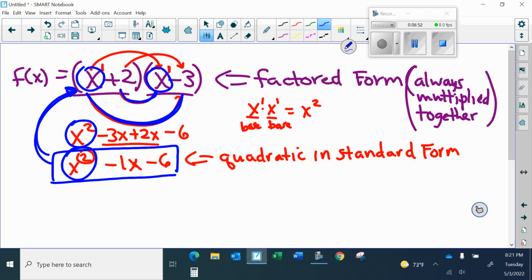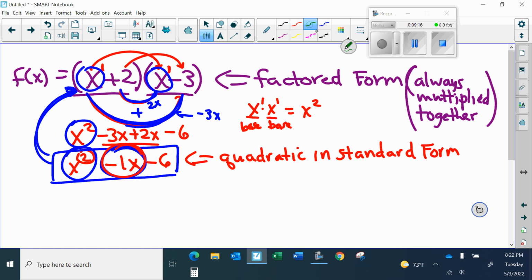And the other two, which are my two smiley faces right here, will add to the middle term, the linear term. So you could say negative 3x there and a 2x right there, and I see 2x minus 3x is negative 1x right here.